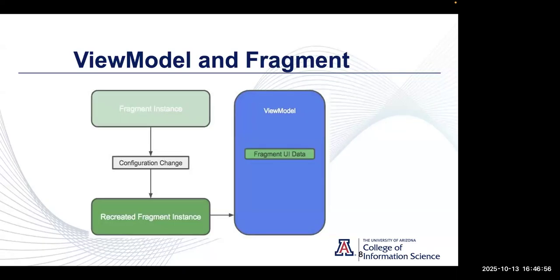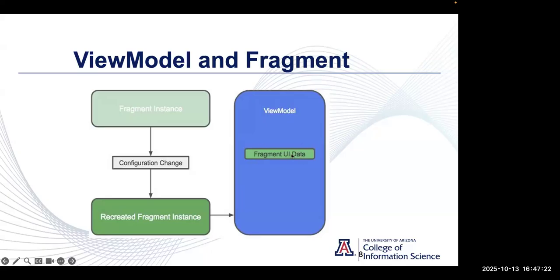How does that work? Well, we have the fragment instance, and with this fragment instance, we can call in configuration changes. So for example, when we're editing, let's say, our inputs, it recreates a fragment instance, and then the view model pulls in the fragment UI data.